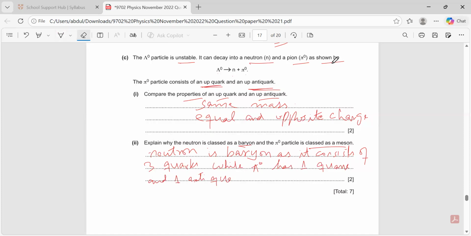Whereas mesons have 1 quark and 1 antiquark.